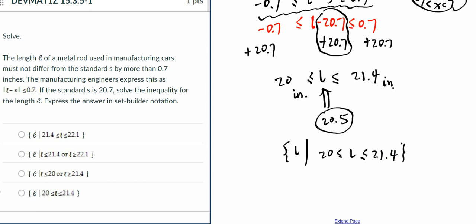That's the set notation. Again, use a vertical line to separate two parts. One part is the representative element, and here is the description for the second part.